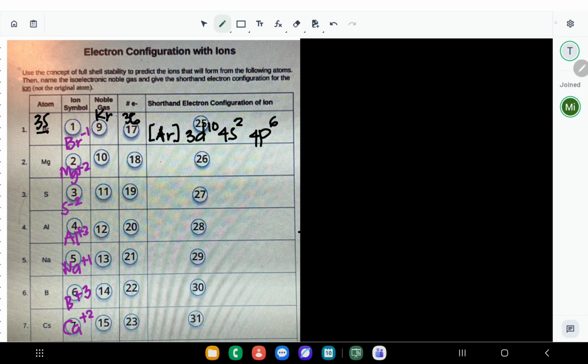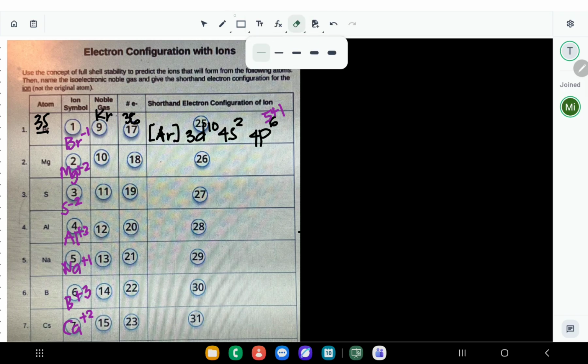The rest of the configuration is supposed to be 5, but since we are writing the configuration of bromide, the ion, we add 1 here, that's why it's 6. And from there we figured out that the noble gas is krypton.